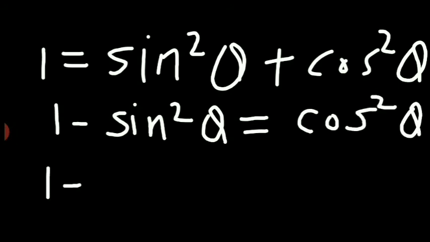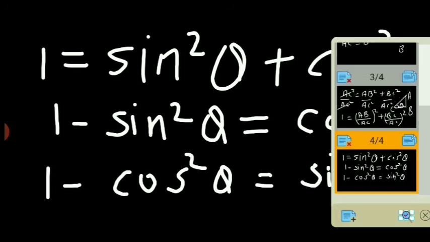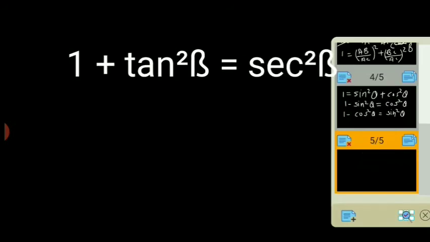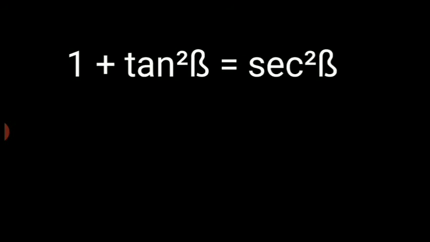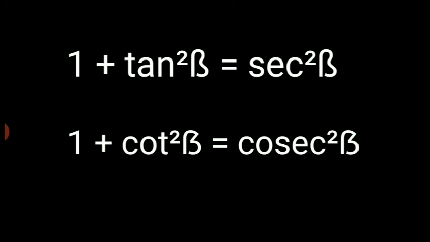Same thing, 1 minus cos square theta is equal to sin square theta. Now two more identities are here: 1 plus tan square theta is equal to sec square theta, and 1 plus cot square theta is equal to cosec square theta. These two more identities are here.